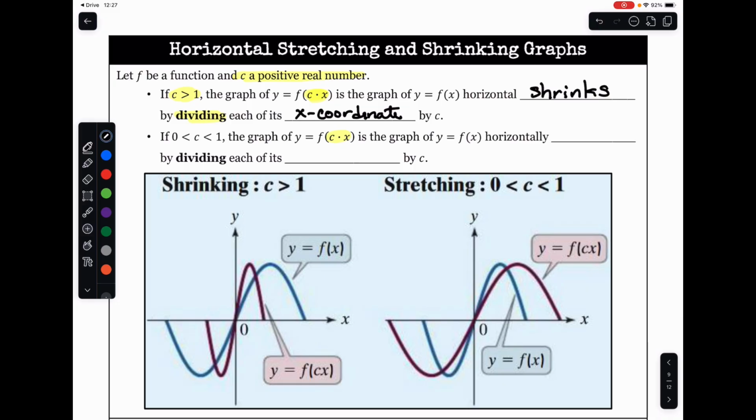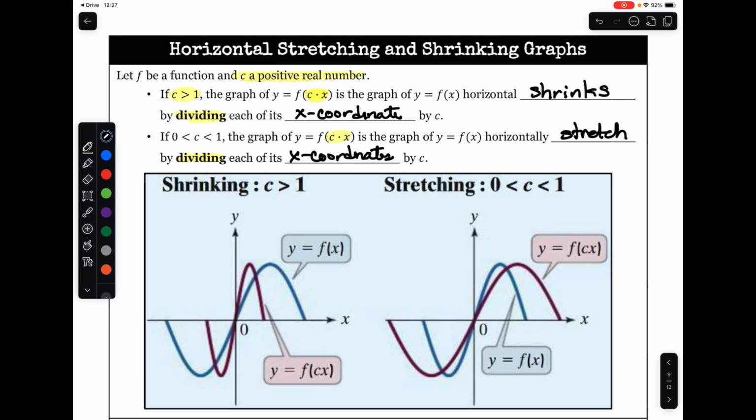So if that value is less than 1, still positive of course, then that's going to result in a stretch, because again, we would be dividing all of our x coordinates by c.